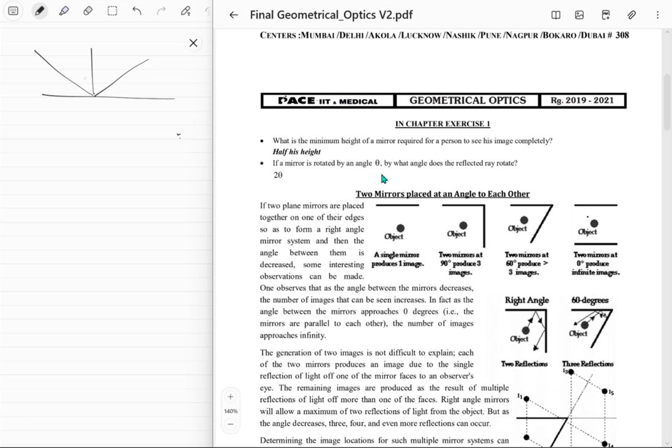Right now, these angles might be alpha. Then you rotate by theta, so now this becomes alpha minus theta. Or you can rotate like this, it doesn't really matter.